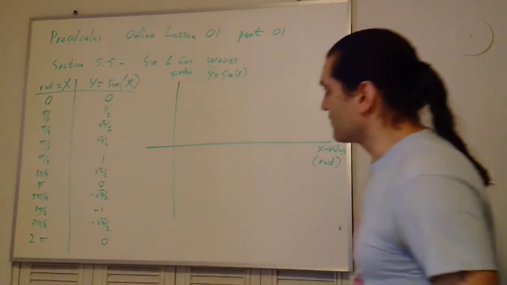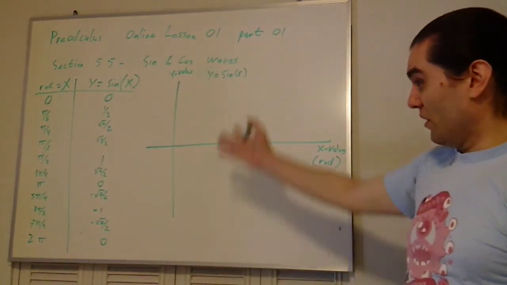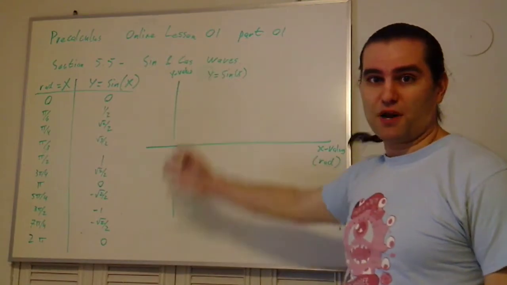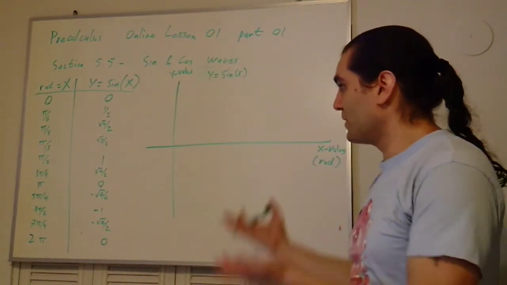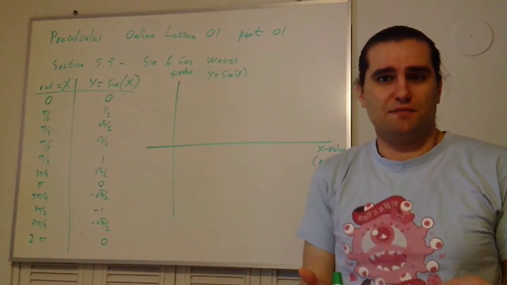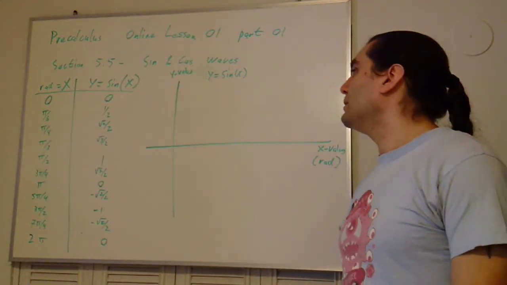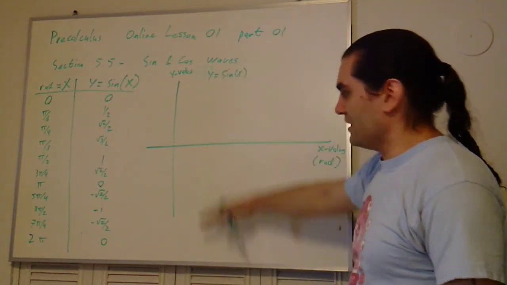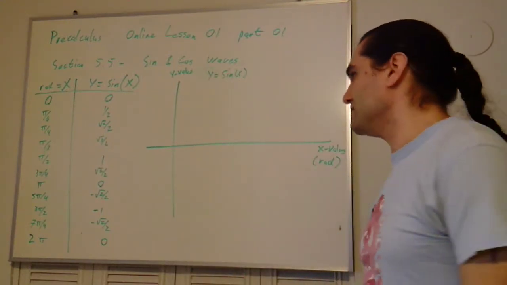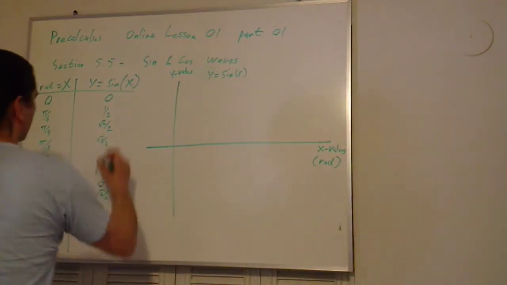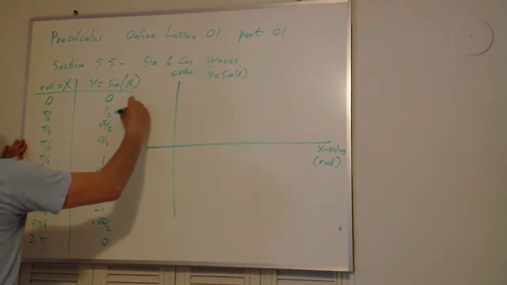Before I start graphing this, I'm going to need to know what some of these values approximately are. Square root of 3 over 2 is nice as a precise value. There's no rounding involved. But if I'm going to plot it on an axis, I need to know about what it's equal to. So I will say that this 1/2 we know is about 0.5.